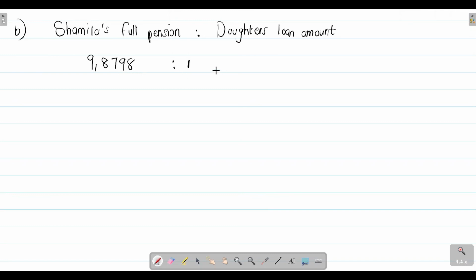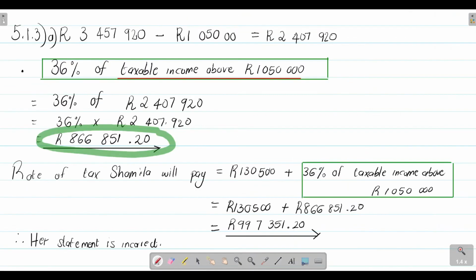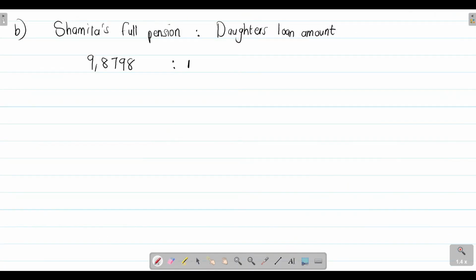Okay, right. So what else are we given? What information do we already know to help us determine the amount that the daughter will borrow if we are given this ratio? Okay, so we already know that Shamila's full pension amount amounts to 3 million.